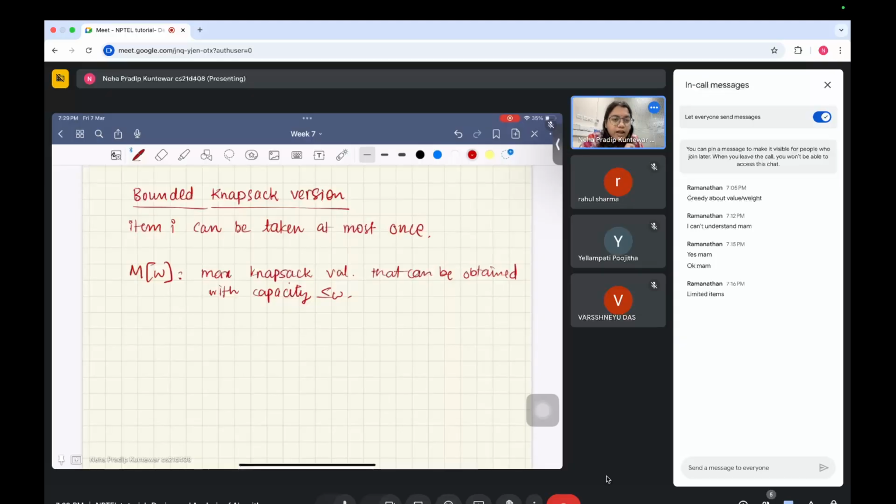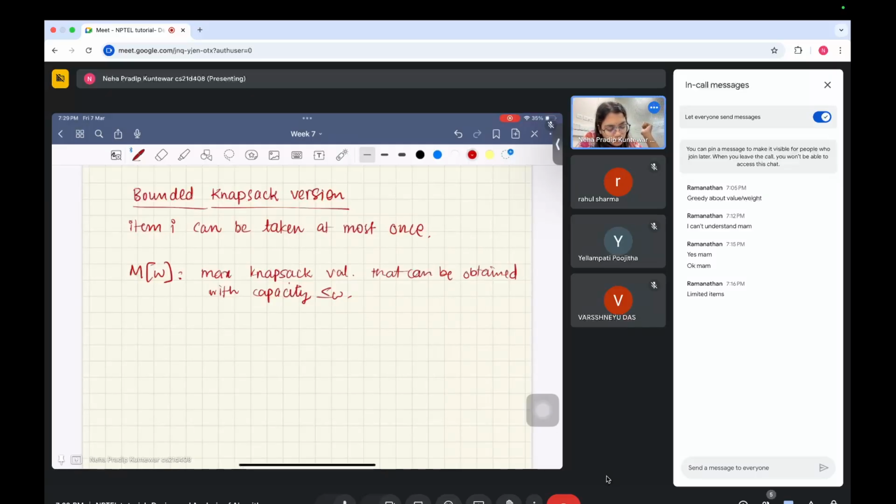Okay, and now why does this not work? First of all, is it clear that the same thing does not work? Because in the previous one you could have optimized by taking the same item again and again, which is not allowed in this case clearly.